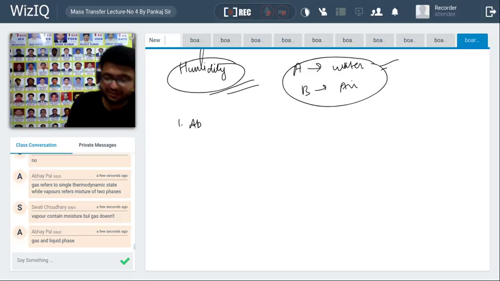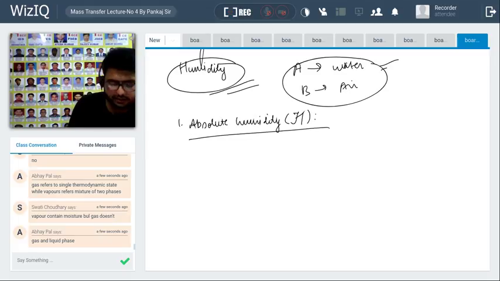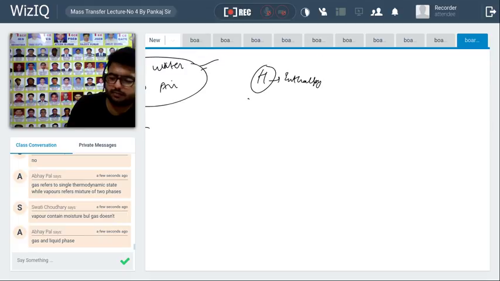So the first definition: absolute humidity. We will denote humidity with a cursive letter H in order to differentiate it from enthalpy, which is capital H.